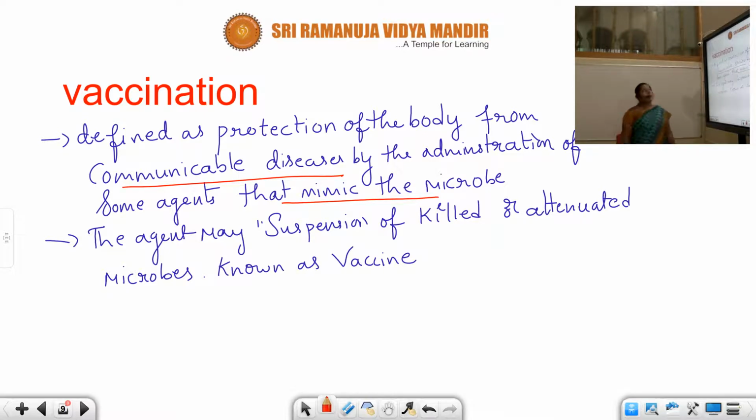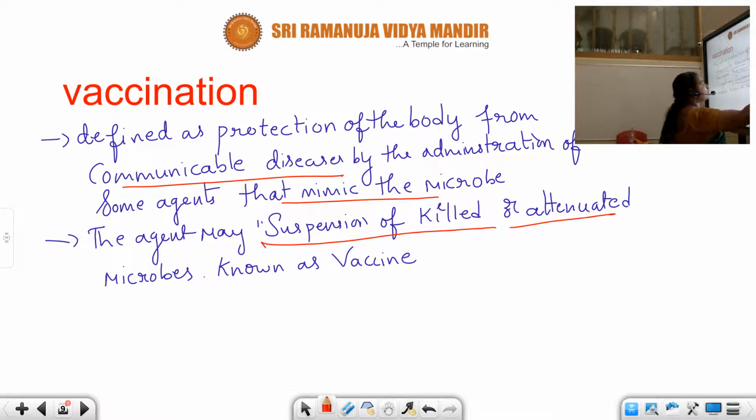The agent may be a suspension of killed or attenuated microbes, known as a vaccine.